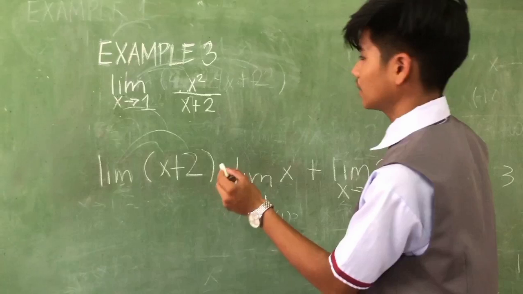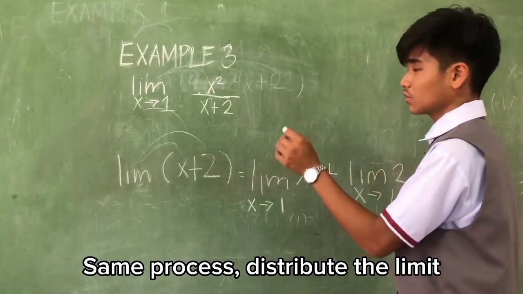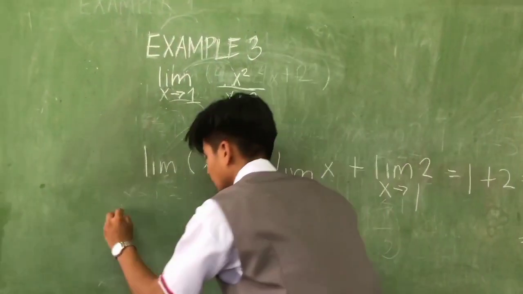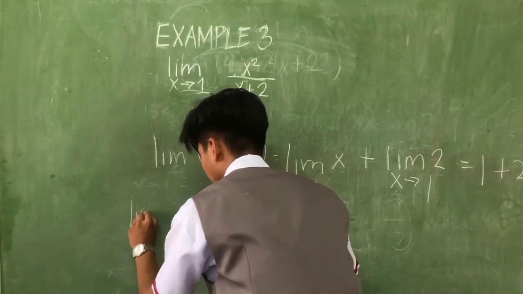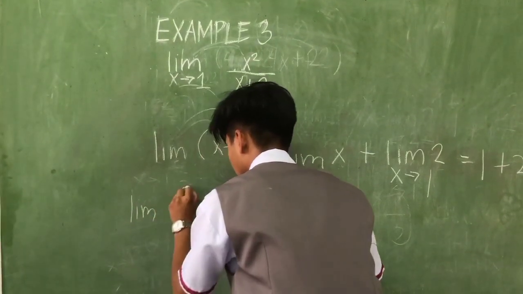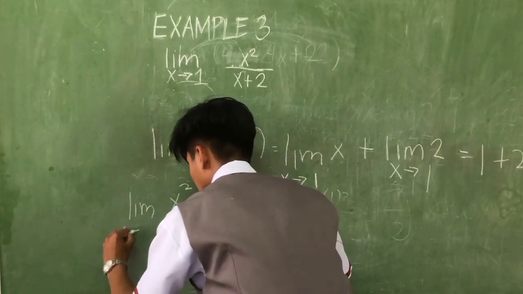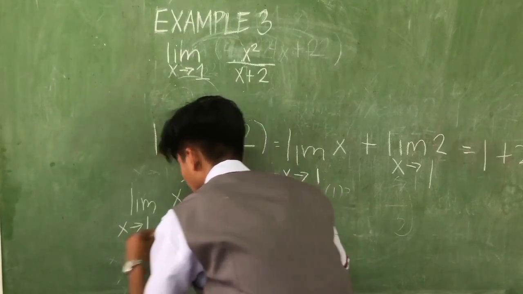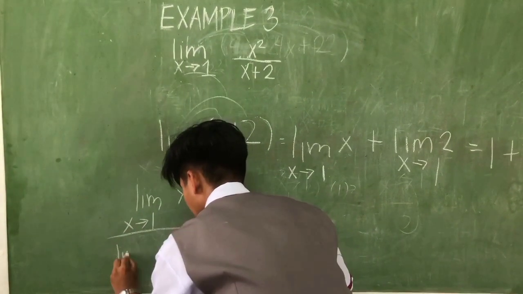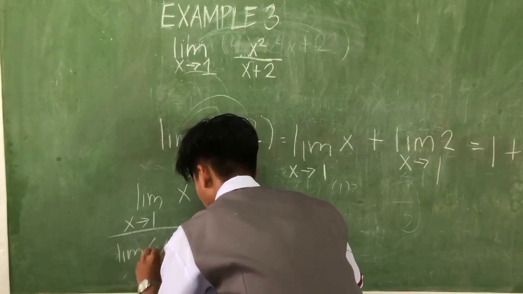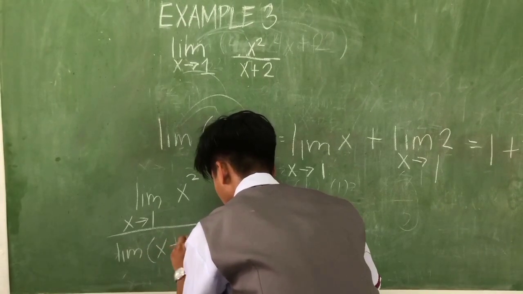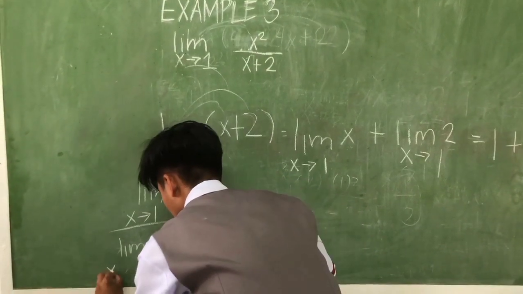Ang una natin gagawin is i-distribute yung limit. Limit of x squared as x approaches 1 all over limit of x plus 2 as x approaches 1.